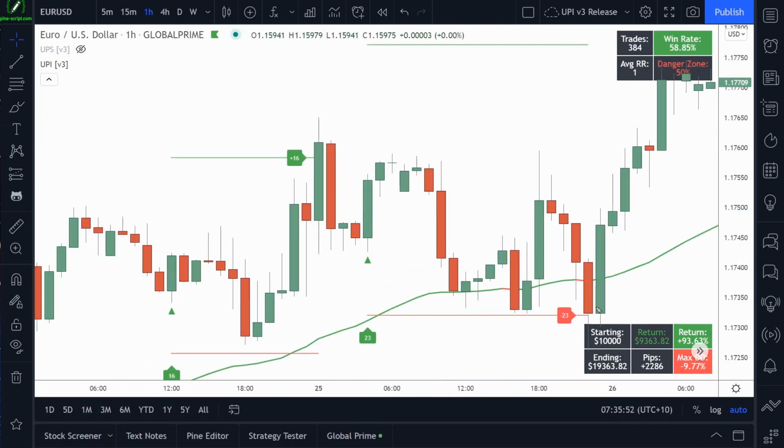Even though this trade eventually lost, when price got this close to the stop loss right here, there is a chance, depending on the market you're trading, the time frame, and the spread, that you might have been stopped out. But the script doesn't detect that because the script cannot know the spread of the current market. And so I've tried to make it as accurate as possible, but you need to factor in the possibility that a number of trades were actually losing trades, but the script recorded them as a winning trade.